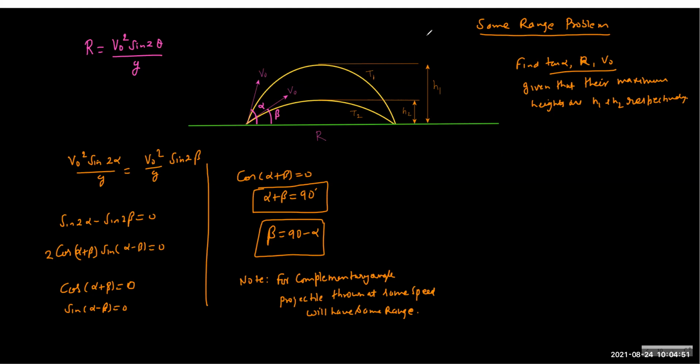So that's very easy. See, I will tell you how to solve. Don't worry. The method is to start with the given variables. H1 is given. What is H1? H max for the first case, and the formula is V square sine square alpha by 2g. So H2 is how much?